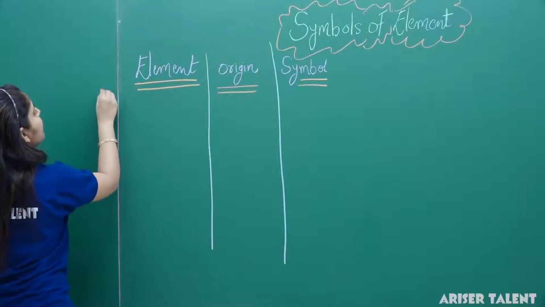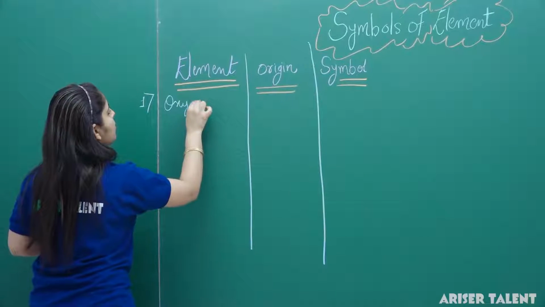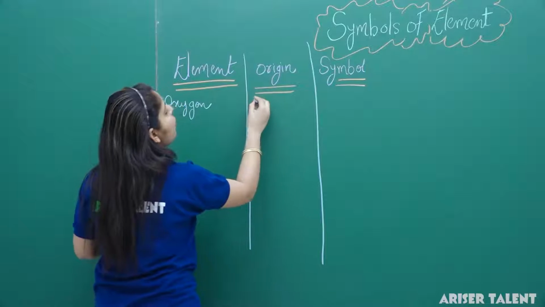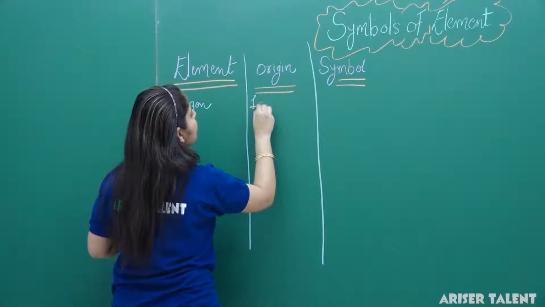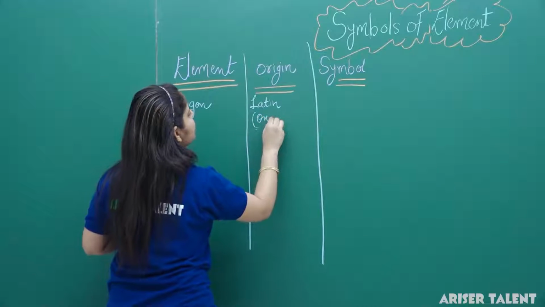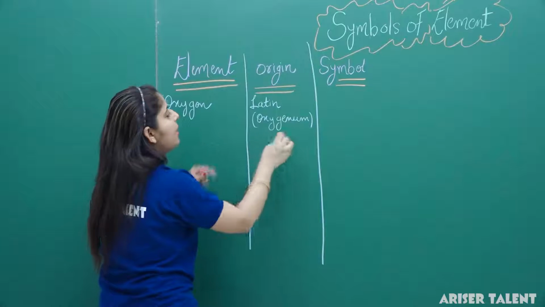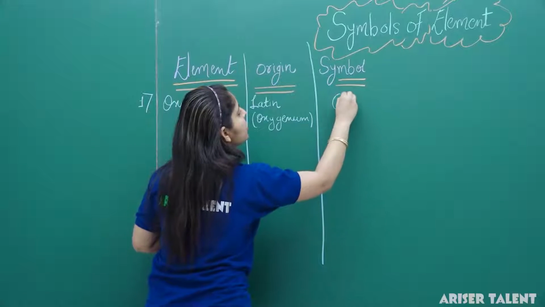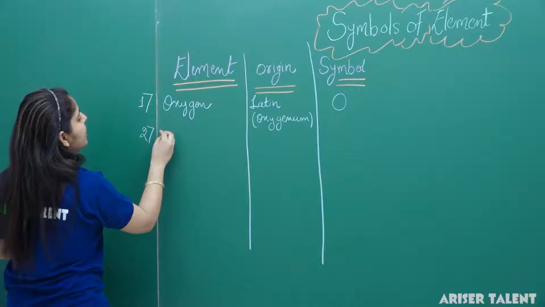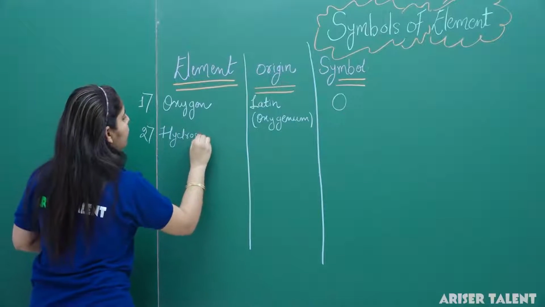First element we have in this series is oxygen. Oxygen is taken from an origin that is Latin, and its name is oxygenum, and the symbol we represent for oxygen is O. Second element we have in this category is hydrogen.